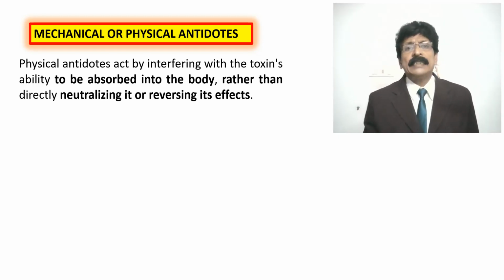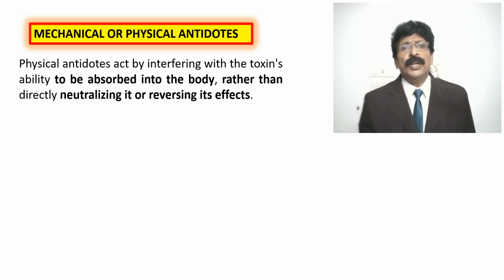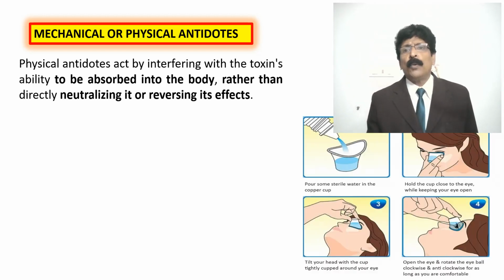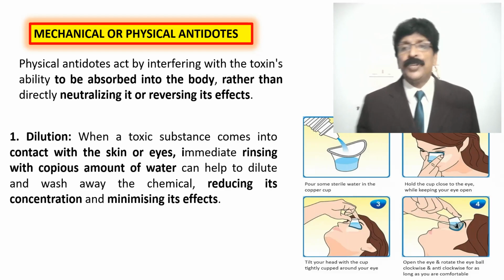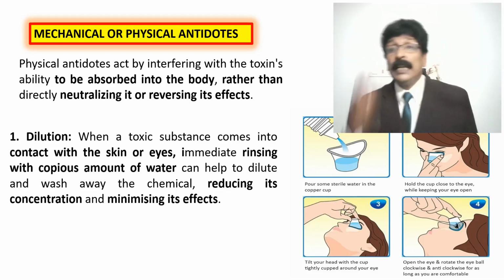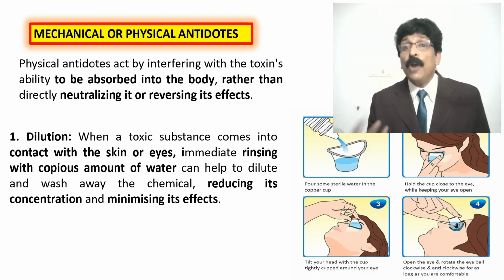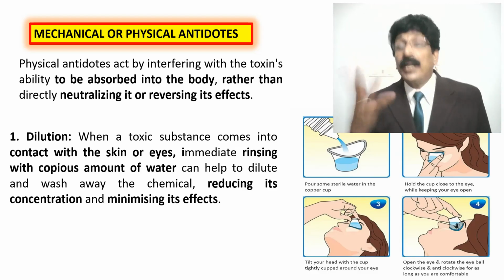It just interferes. How? First one is dilution. You can see the picture. When concentrated acid or some concentrated liquid falls on the eye, you have to use water for diluting.